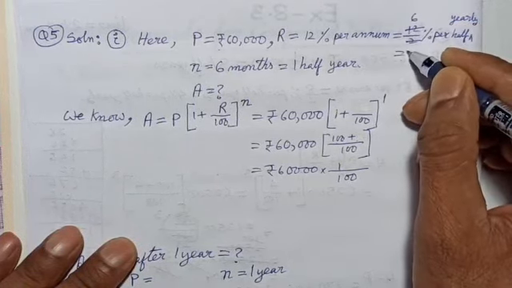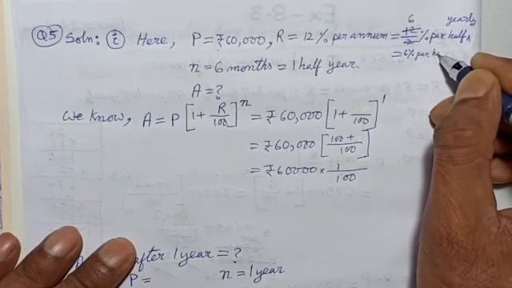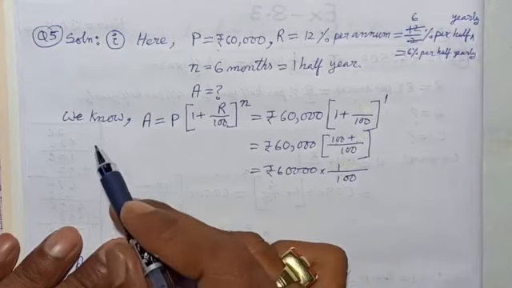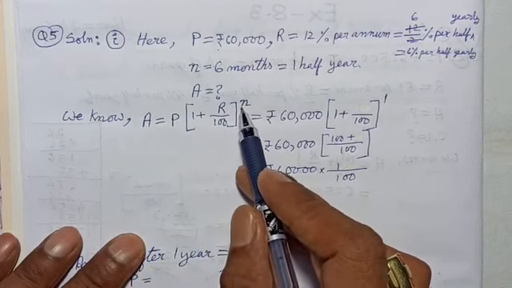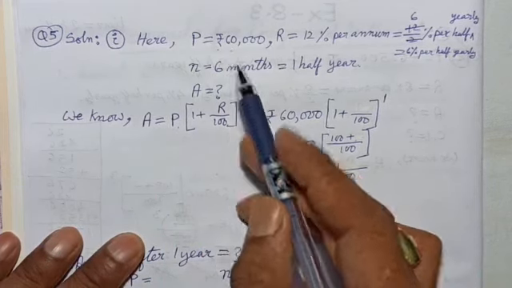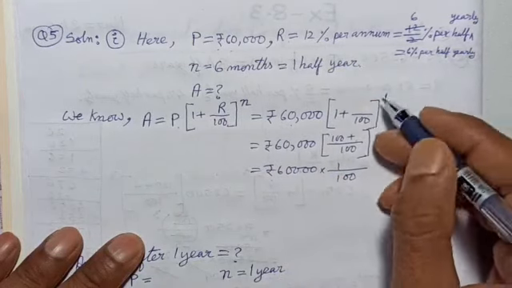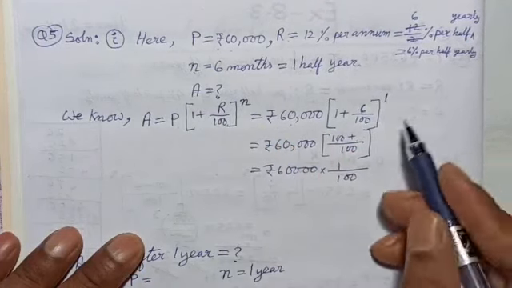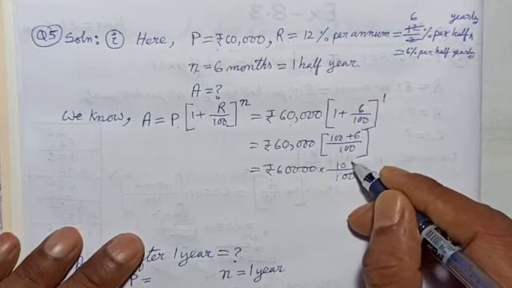So we are getting 6% per half year. Now the formula, we know the amount A is equal to P into 1 plus R by 100, whole power N, and this is the formula to find out the amount. Then the principal P is rupees 6,000, 1 plus the rate, now 6, so 6 by 100, and N is 1 half year, so 1. So here 100 plus 6 is 106.